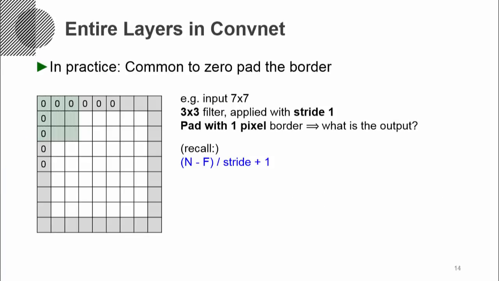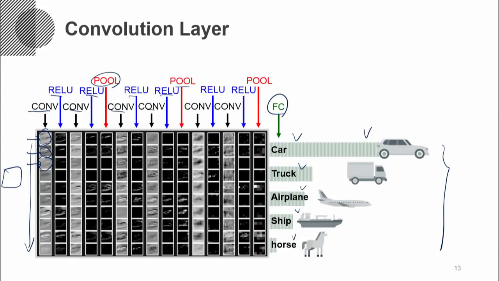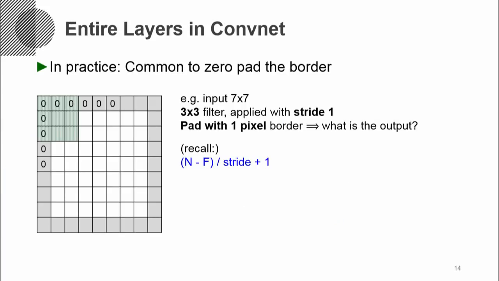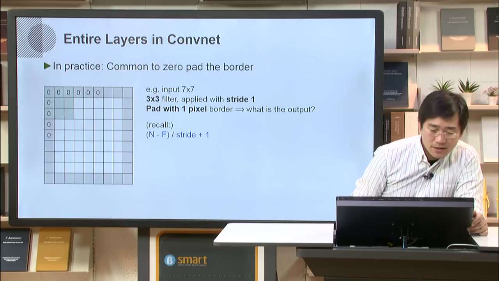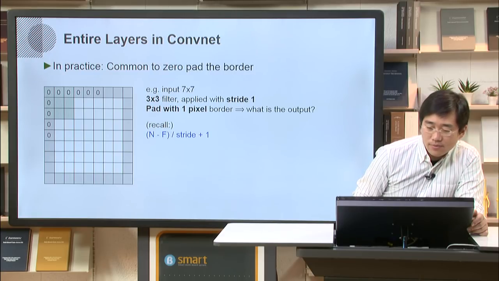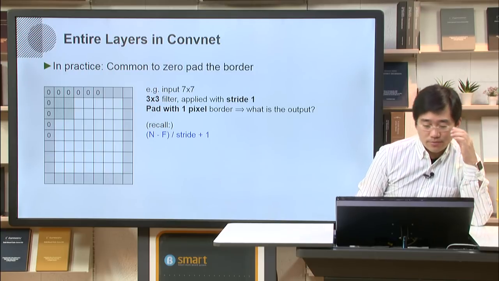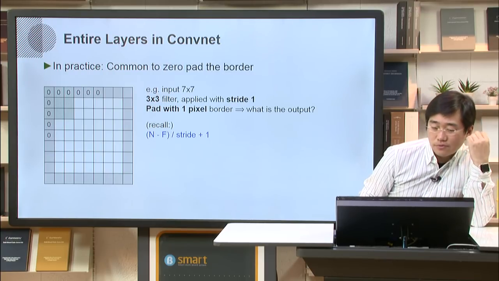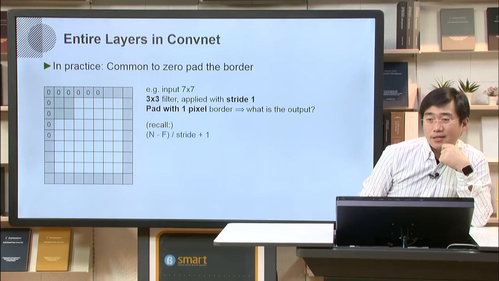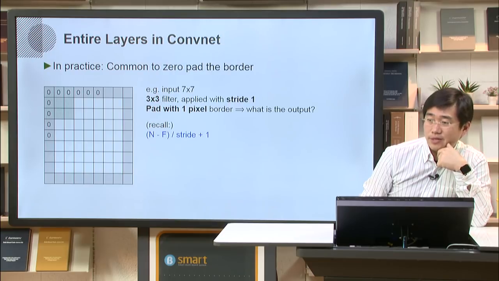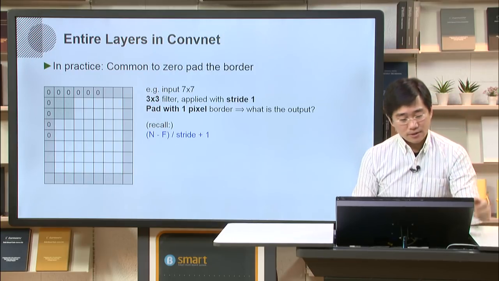Okay, and this was a convolution layer, and then let's think about zero padding. In practice, it is common to add zero padding along the border, and the main reason for adding this zero padding is to maintain the activation map size to be the same, I mean, in terms of the width and height.